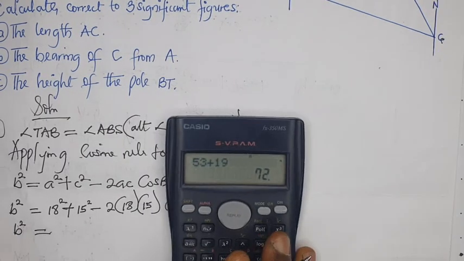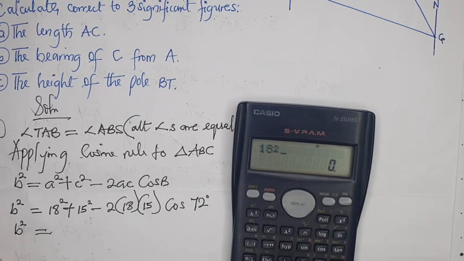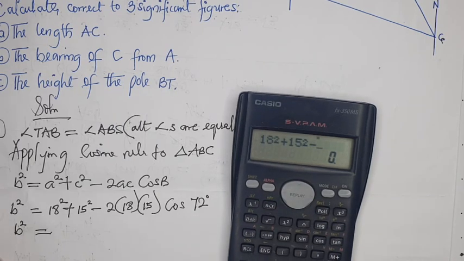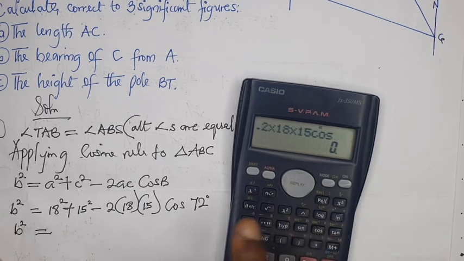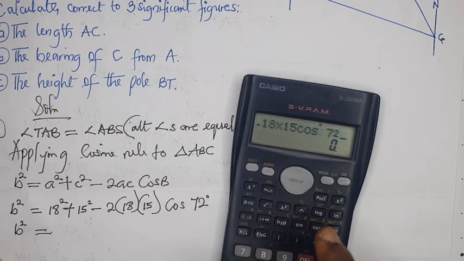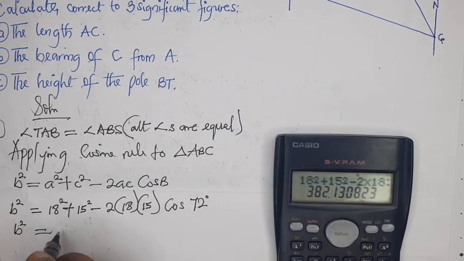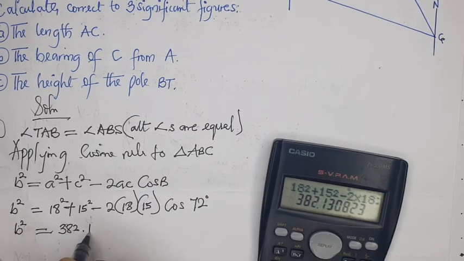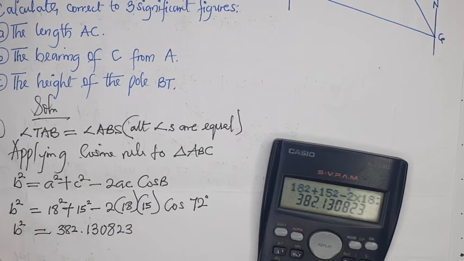We can just use our calculator to make this work out easily. This is equal to 382.130823.